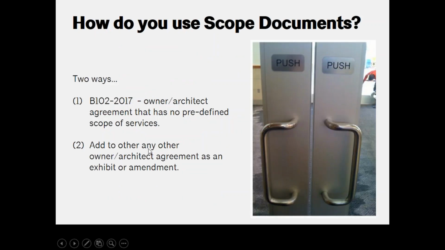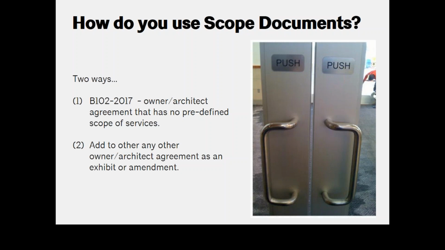So how do you use scope documents? I've had quite a few architects ask me over time, how do you use these B200 series scope documents? There's really two different ways. And the first involves the use of our B102, which is an owner-architect agreement that has no predefined scope of services.